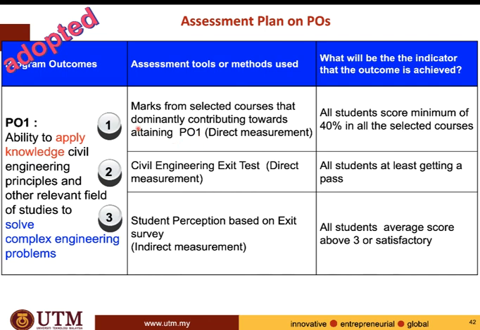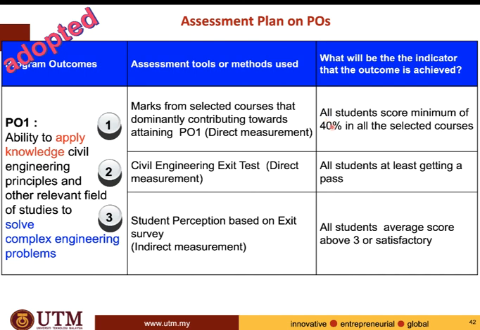For example, here, number 1, we chose the marks from selected courses that dominantly contribute towards attaining PO1. We did not use the one accumulated, or averaged or weighted, because it's too many, too troublesome, and too detailed. By having this one, every lecturer will be able to do this.